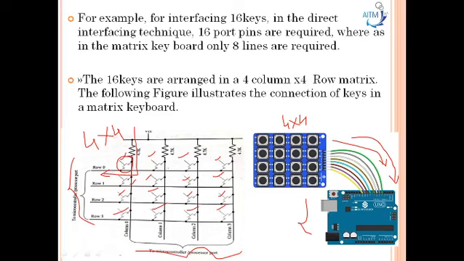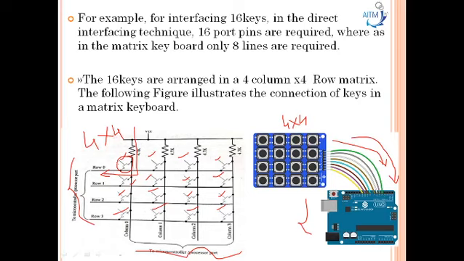For detecting a key press, the keyboard uses the scanning technique where each row of the matrix is pulled low and the columns are read here. After reading the status of each column corresponding to the row, the row is pulled high and the next row is pulled low and the status of the columns is read here.